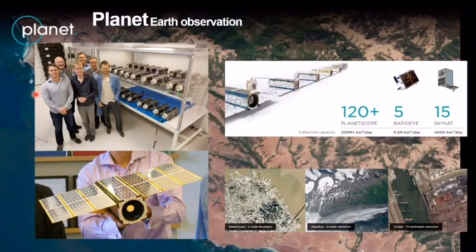Then Planet, if you have heard about these Planet satellites, they typically design a lot of CubeSats, approximately 3-unit CubeSats, and they do Earth observation and remote sensing with these types of CubeSats. Basically, Planet develops 3 different sizes of satellites: PlanetScope, RapidEye, and SkySat.